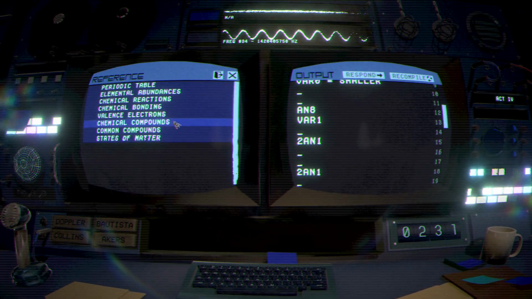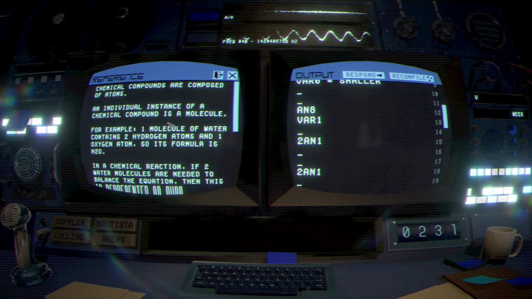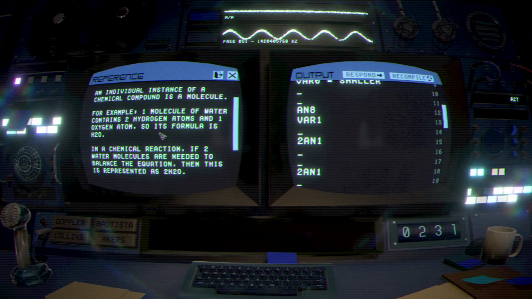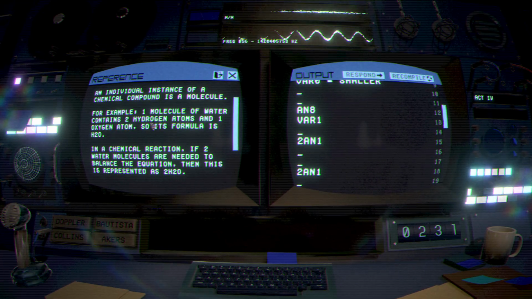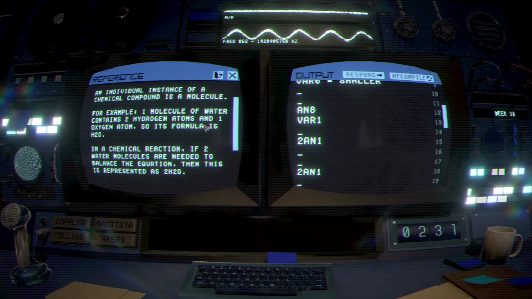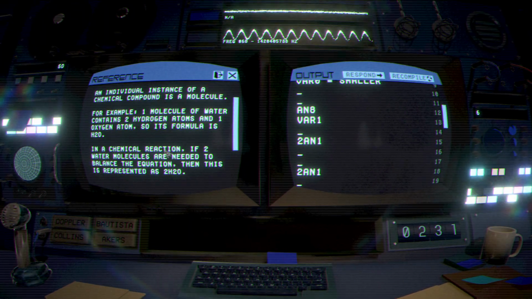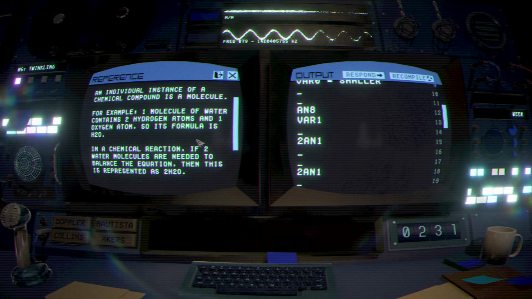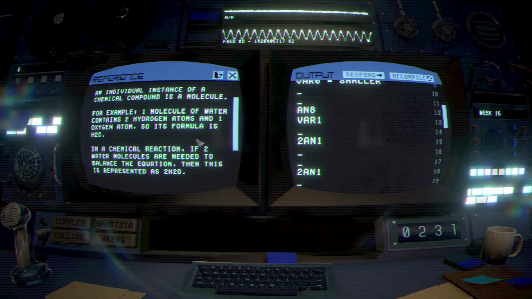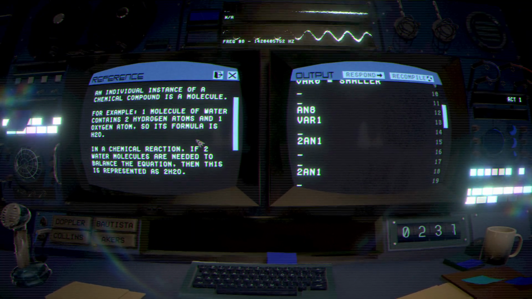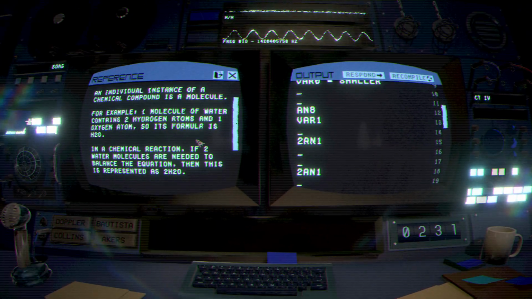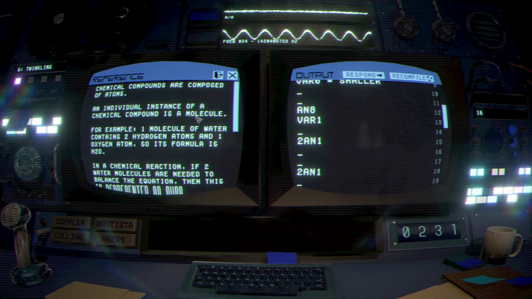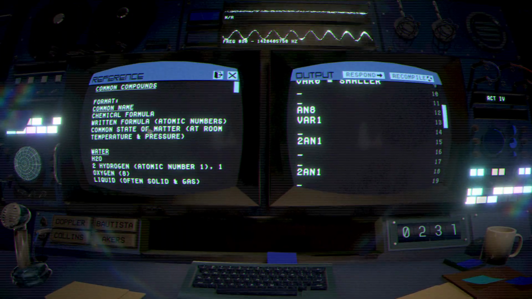Hmm. Okay. In a chemical reaction, if 2 molecules are needed to balance the equation, this is represented by 2H2O. Common compound.